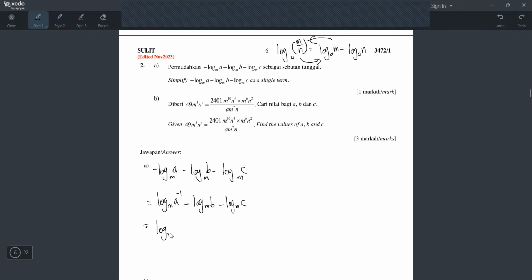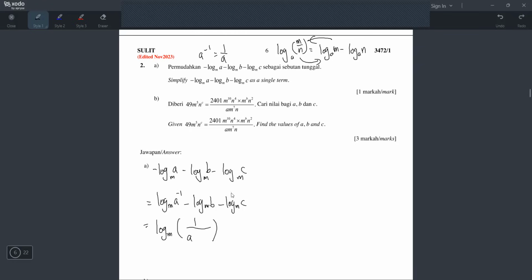We can combine everything into a single log, and we write everything inside this bracket. The a power -1, we write as 1 over a, because a power -1 is actually 1 over a. What about the b? Where should I write the b? If it's minus, we write at the bottom. If it's plus, we write on top. Why?